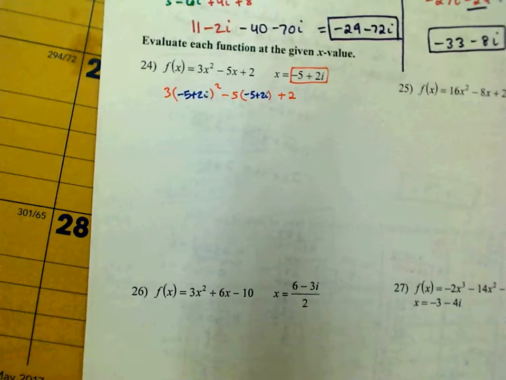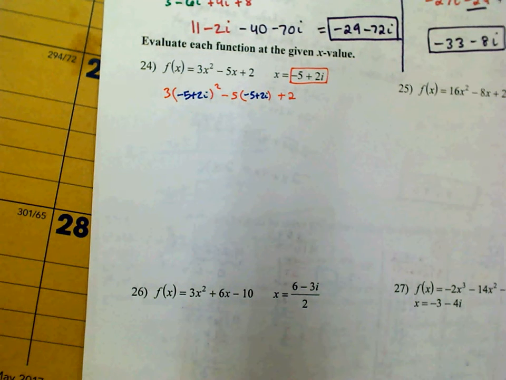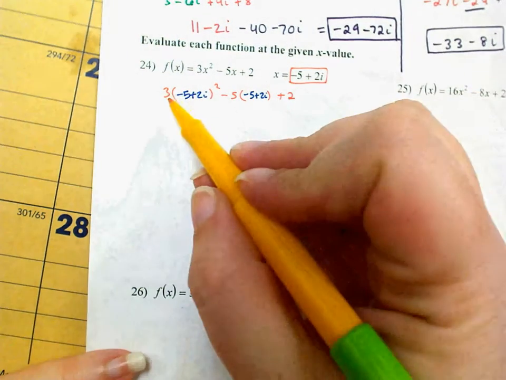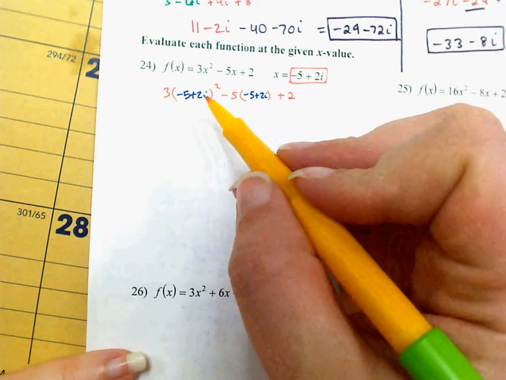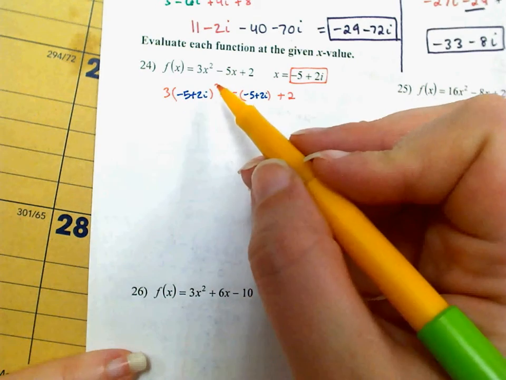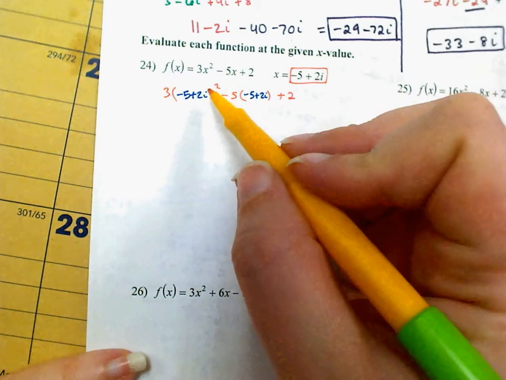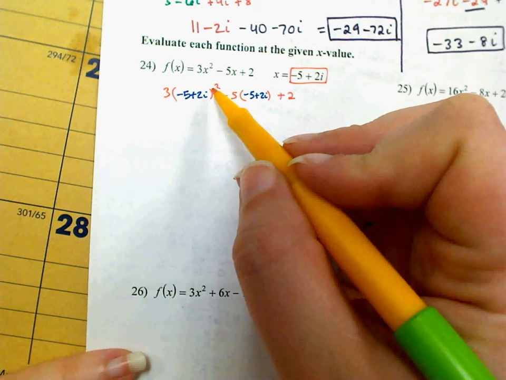Okay, at this point, what you have to do is be very careful about order of operations. When we talked about this in another video, if I've got 3 times the quantity negative 5 plus 2i squared, I cannot distribute the 3 without squaring first, okay?